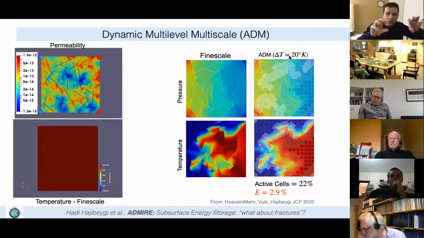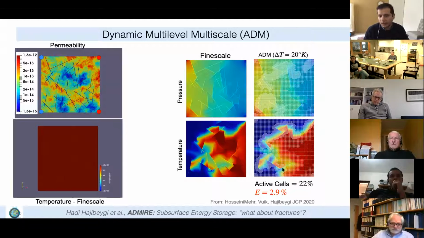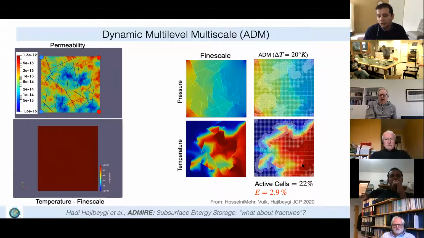Do you want to go to high level or low level? At what change of temperature, delta T, you would like to refine your grid? So you would stay at the fine scale when you have fronts, and far from it, you go to coarse grid with local basis functions and not just averaged upscaled quantities.